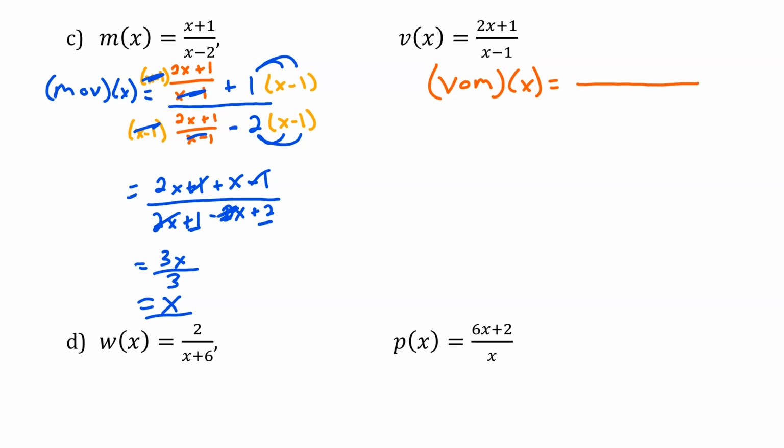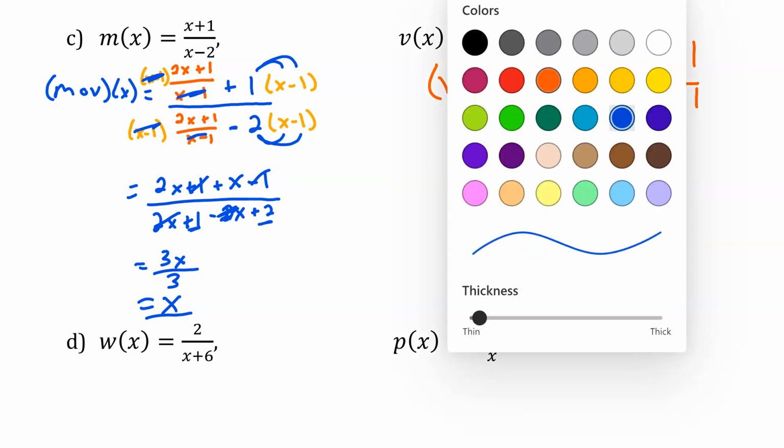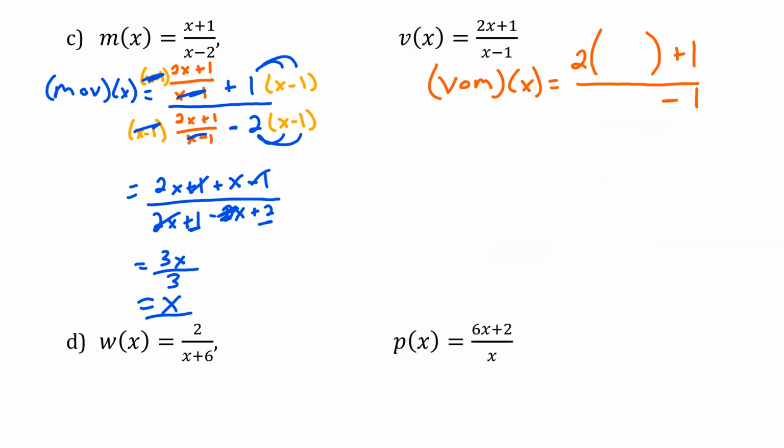And so here I have this 2 times x plus 1, and then I have this x minus 1 on the denominator. So in place of this x, I'm going to put an x plus 1 over an x minus 2.